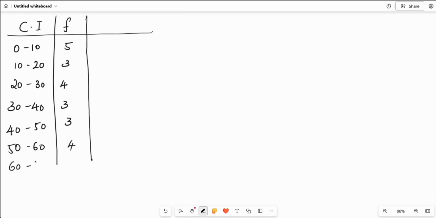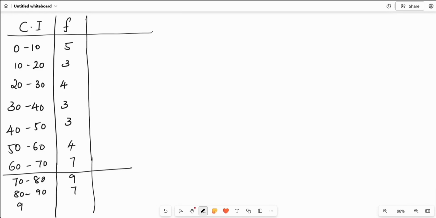Then 60 to 70, 7. 70 to 80, 9. And 80 to 90, 7. 90 to 100, 8.